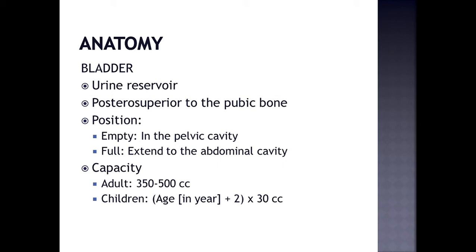The position of the bladder when empty is in the pelvic cavity, while when it is full, it extends to the abdominal cavity. The urinary bladder capacity is about 350 to 500 cc in an adult, while in children it is given by the equation (age in years plus 2) multiplied by 30 cc.